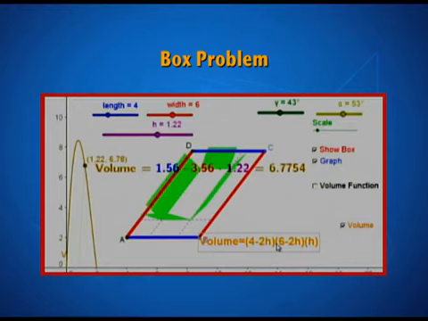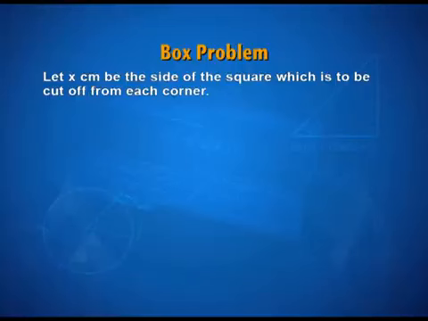So, let us get back to the algebraic solution, starting with an understanding of what you have and what you do not. In this case, we want to cut off squares from the corner and we do not know the dimension of that square. So, let x centimeter be the side of the square which is to be cut off from each corner.